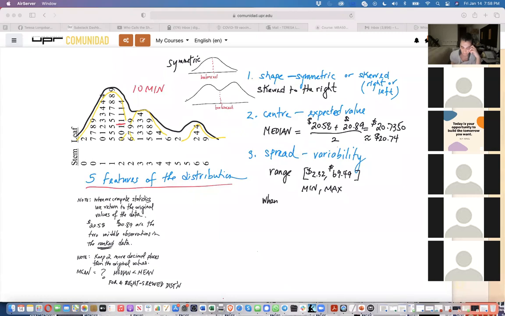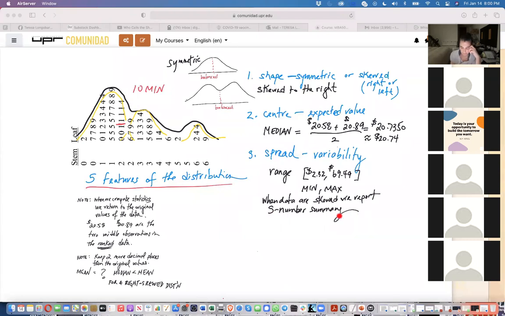When data are skewed, we report what's called the 5-number summary. Now the 5-number summary is different from the 5 features.